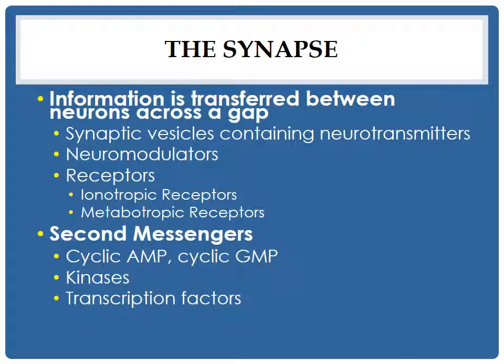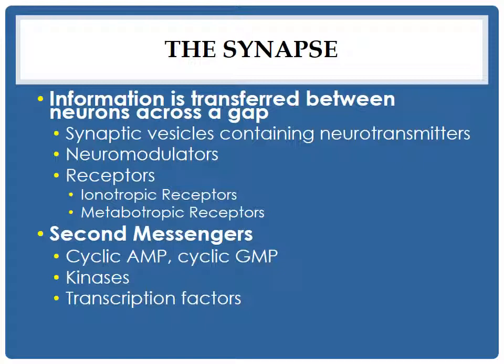Kinases are just enzymes that act on specific proteins. They add a phosphate group to proteins. And that little change can make a huge difference in whether a protein is activated or deactivated, how active it is. It can activate or deactivate ion channels, receptors, pumps, transcription factors, which then control whether specific genes are transcribed.